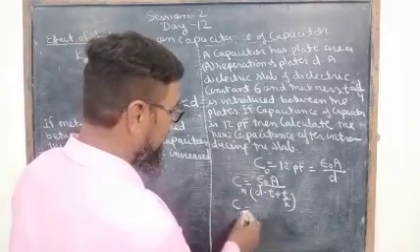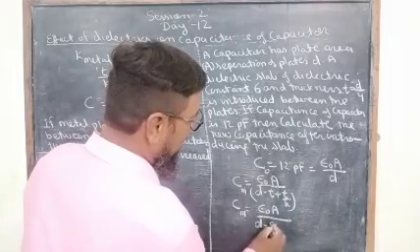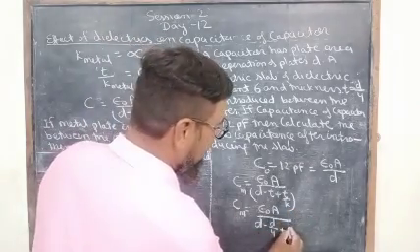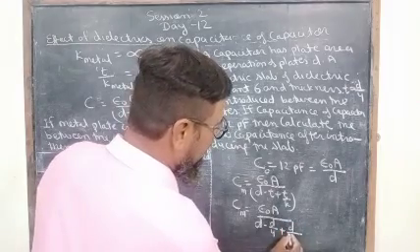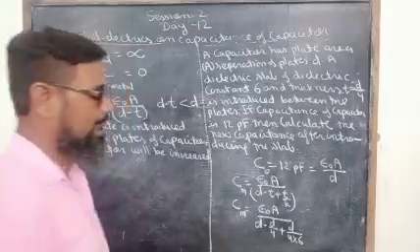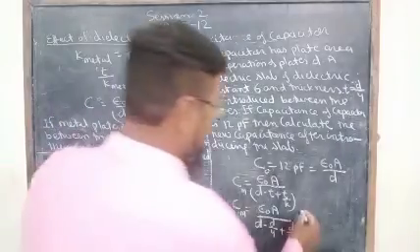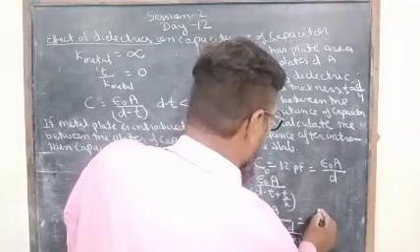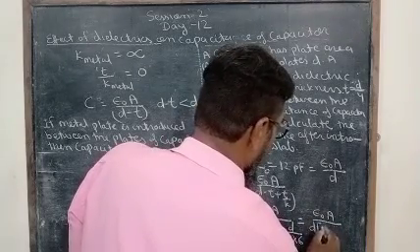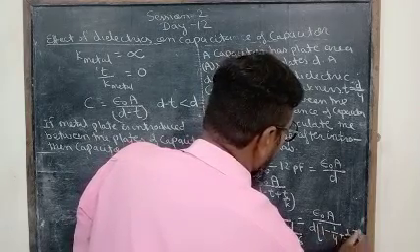Cm is equal to epsilon naught A upon D minus D by 4 plus D upon 4 into 6. Epsilon naught A upon D can be taken common: 1 minus 1 by 4 plus 1 upon 24.